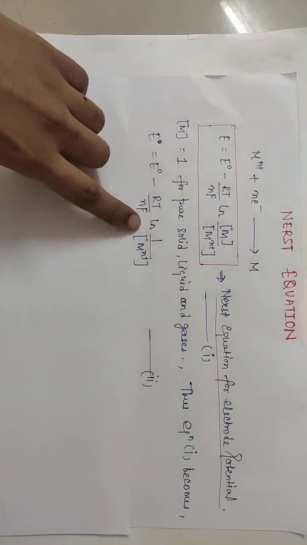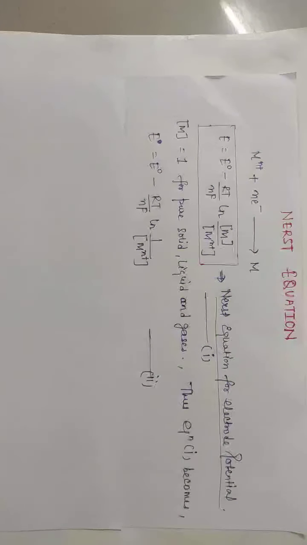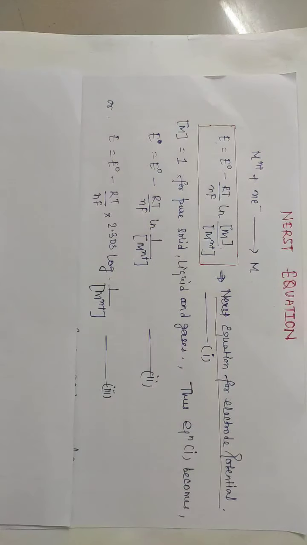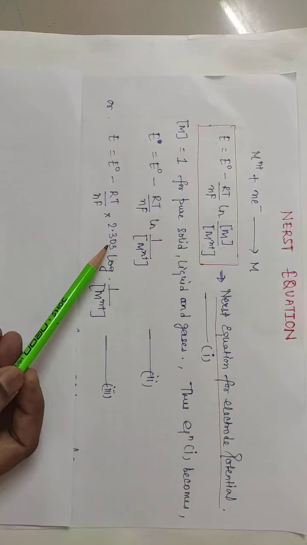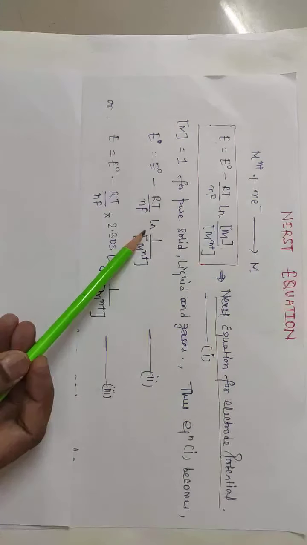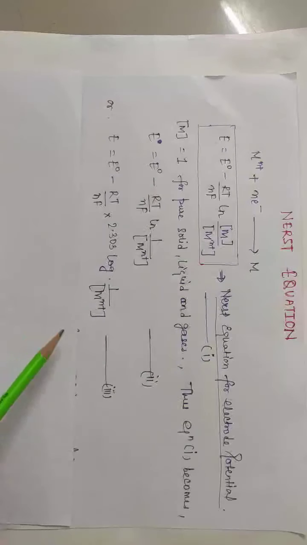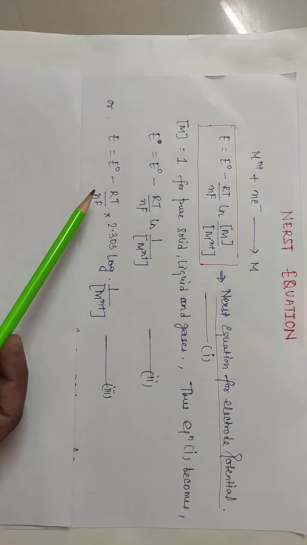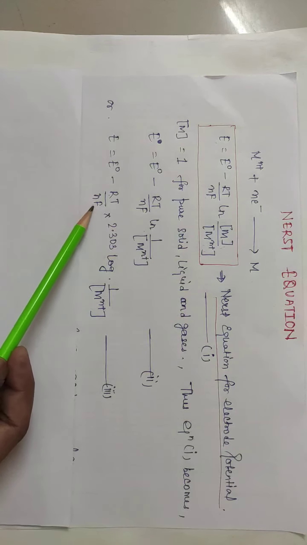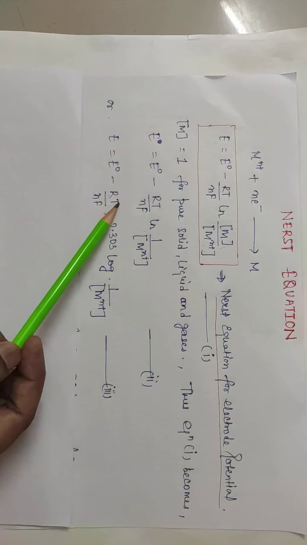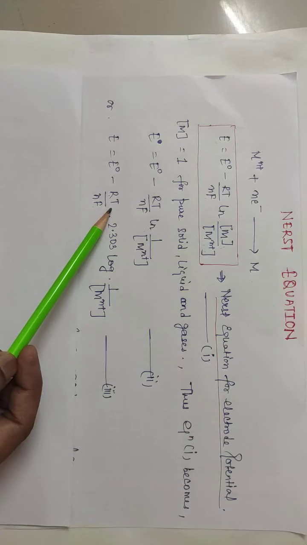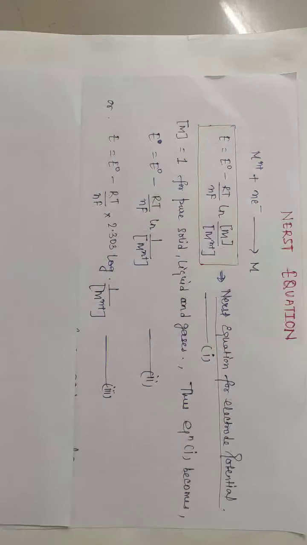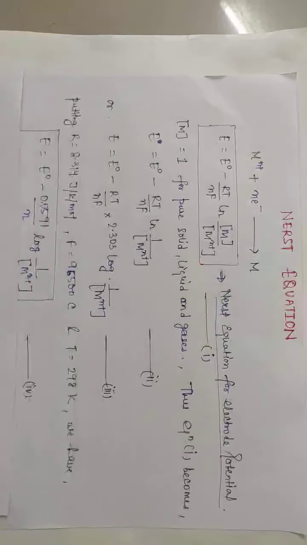Again, to convert ln to log base 10, we can put 2.303 log in place of ln. Now the equation becomes this. If we put the values of the constants, that is R, the gas constant, and F, Faraday's constant, and if the temperature is taken at the standard value, that is 298 Kelvin, the Nernst equation becomes this.